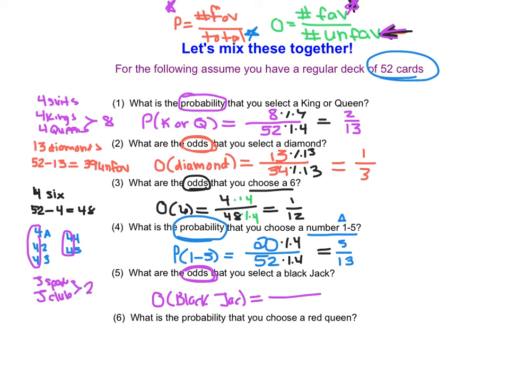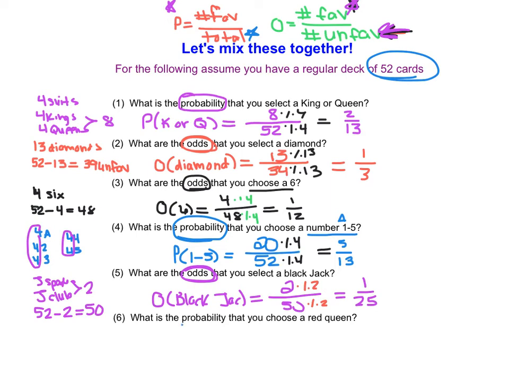And as a result, I'm going to have 2 black jacks. So my number of favorable outcomes is 2. Then my denominator is my unfavorable outcomes, which in this case, if I take 52, my total, minus the 2 favorable, I end up with 50 unfavorable outcomes. Now each of these is divisible by 2, so I simplify that down to have odds of choosing a black jack be 1 to 25.